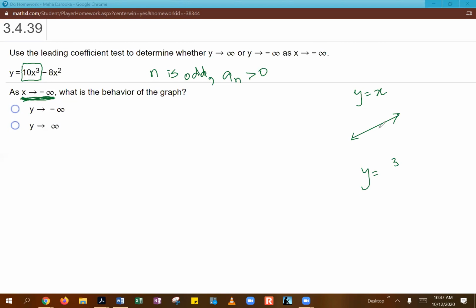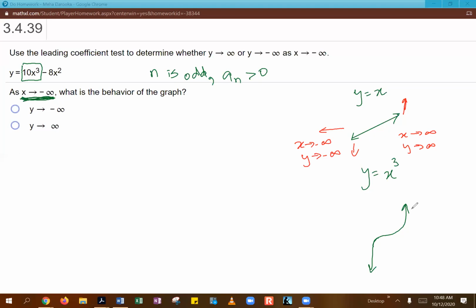And x to the third, of course, has this shape. Either one of these is a good guide. So you can see in both of these, as your x value is going to positive infinity, your graph is headed upwards. So y is going to positive infinity. For x going to negative infinity, which will be on this side, your graph is going downwards. So y is also going to negative infinity.